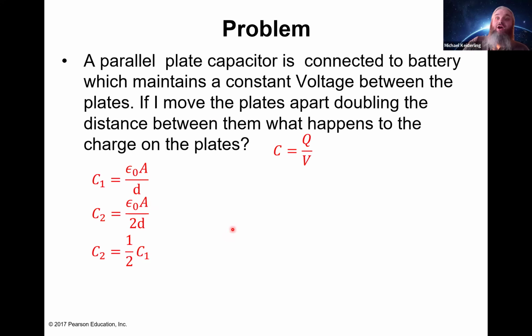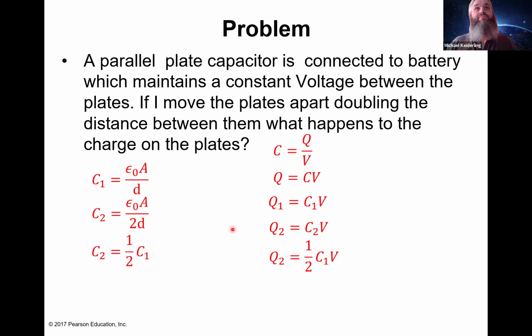But capacitance is charge over voltage. So charge is capacitance times voltage. Charge 1 will be capacitance 1 times voltage. Charge 2 will be capacitance 2 times voltage. But capacitance 2 is half of capacitance 1, so charge 2 is half of capacitance 1 times voltage.